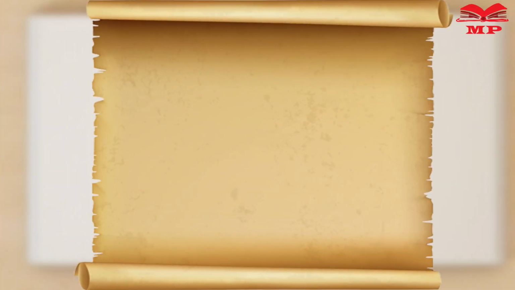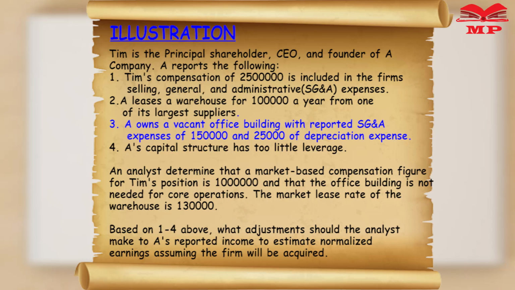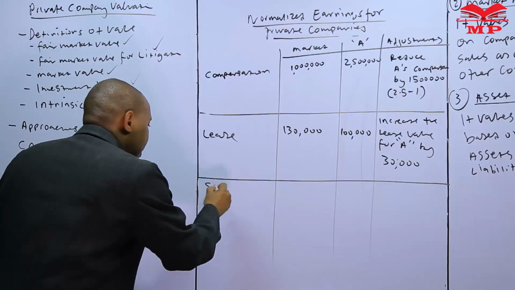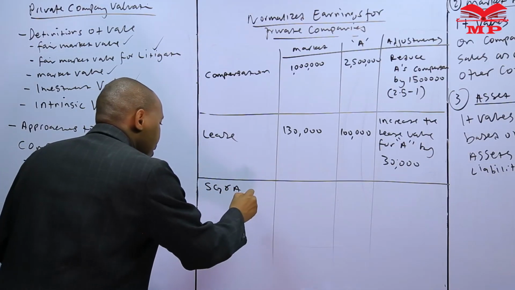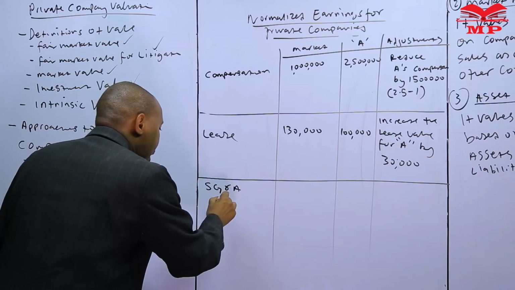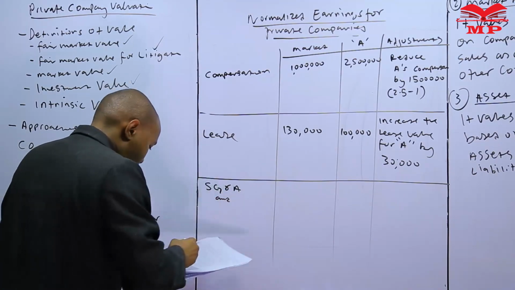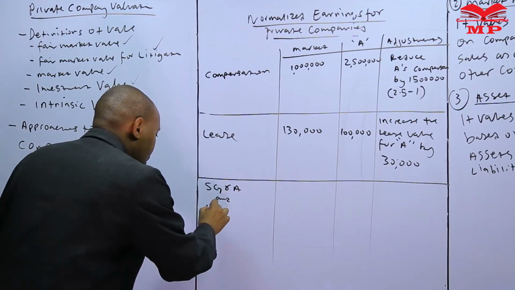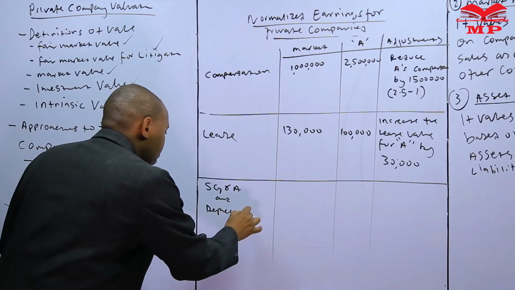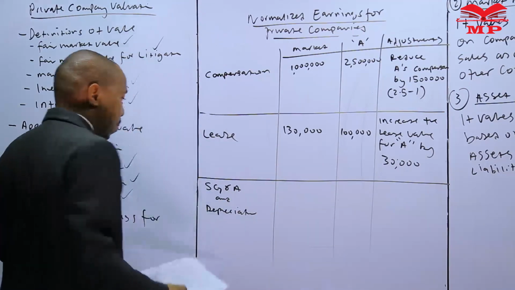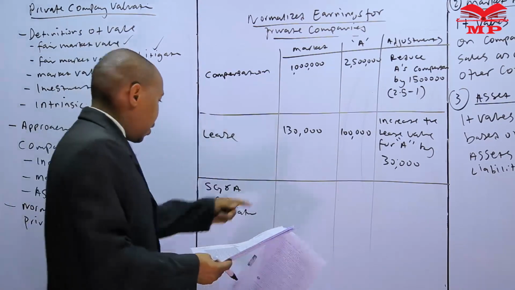Number 3: A owns a vacant office building with reported SG&A expenses, or selling general administrative expenses, of 150,000 and 25,000 for depreciation expense. So we have SG&A and depreciation. I'll list them right beside each component there.